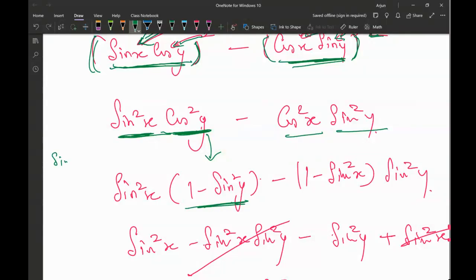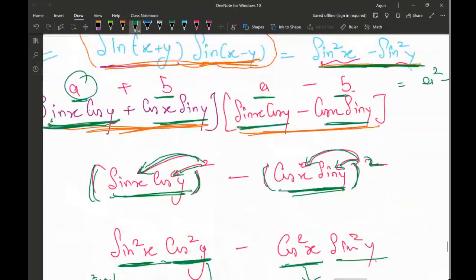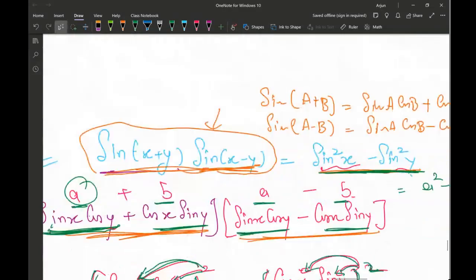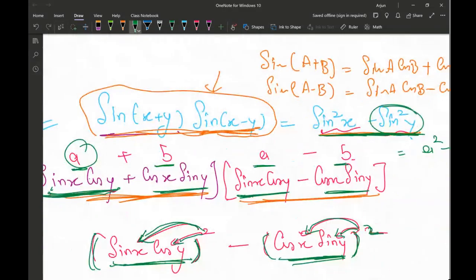From the formula I used previously, sine square x plus cos square x is equal to 1, so sine square x is equal to 1 minus cos square x. That's the formula I've used here in terms of y. And then down here also, I've converted cos square x into 1 minus sine square x, because if I look at the question, sine square y I wanted to keep with me.